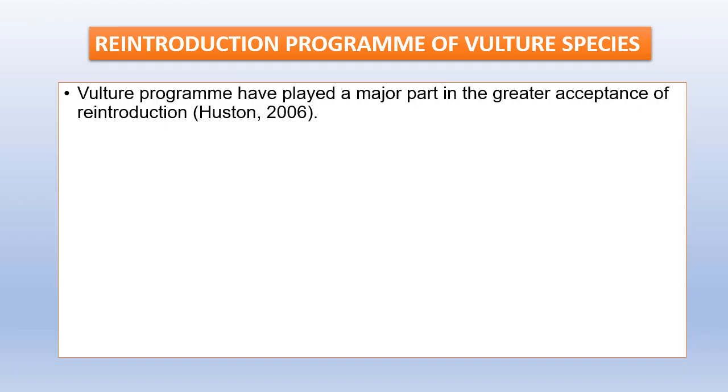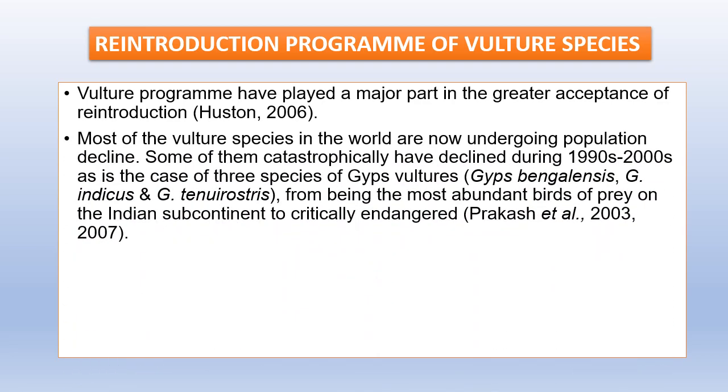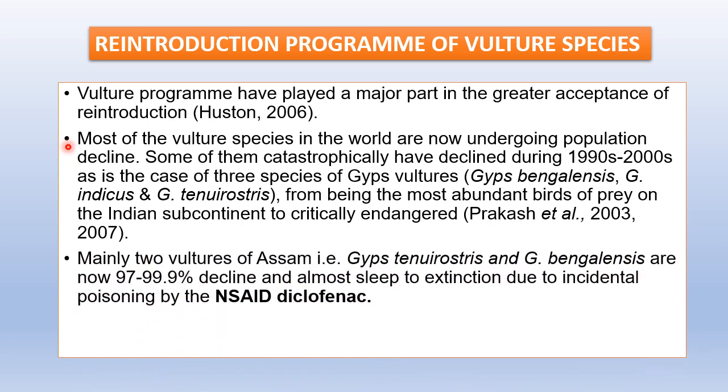Next, we come to the reintroduction program of vulture species. The vulture program has played a major part in the greater acceptance of reintroduction. Most of the vulture species in the world are now undergoing population decline.